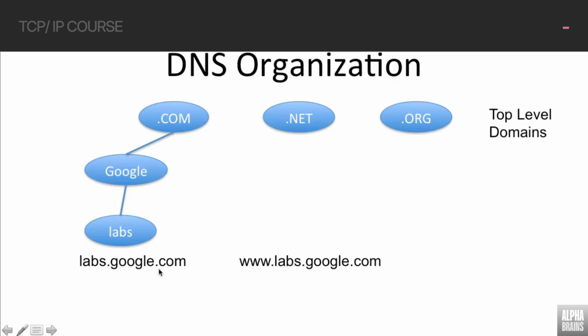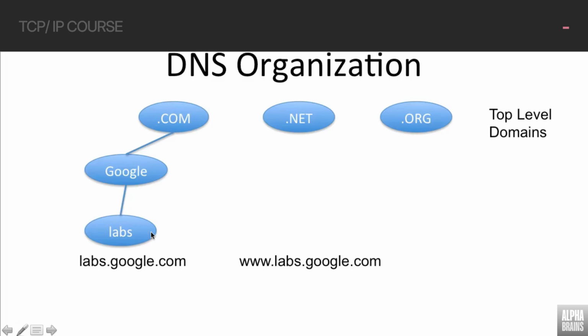So the first place I'm going to start is the .com level, so we're going to work right to left when we're talking about parsing a host name. So I've got to go to the DNS server that handles the .com top-level domain, and I'm going to ask it about Google. Then, this is where we get into the recursive bit, I'm going to go ask Google about labs.google.com.